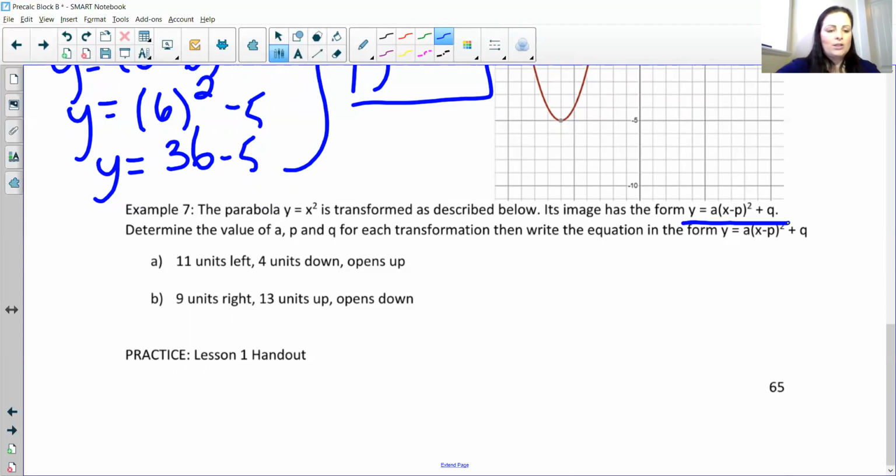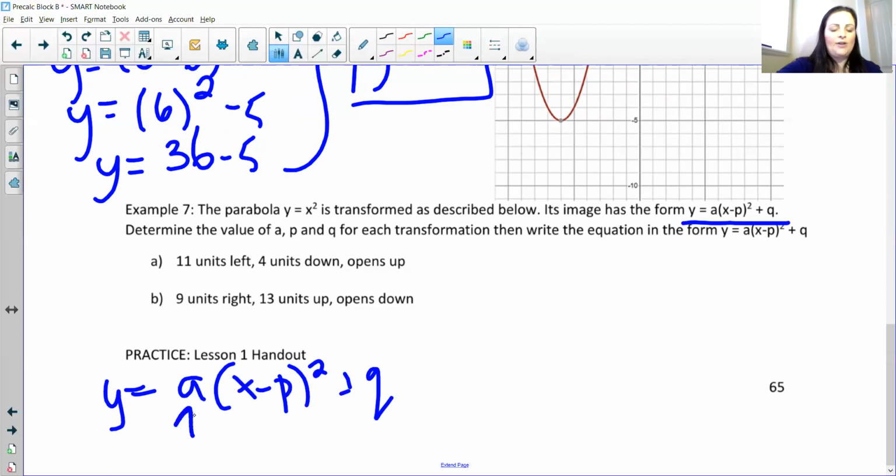Okay, so remember when I went over this? A is if it opens up or down, P is left or right, and Q is whether it moves up or down.